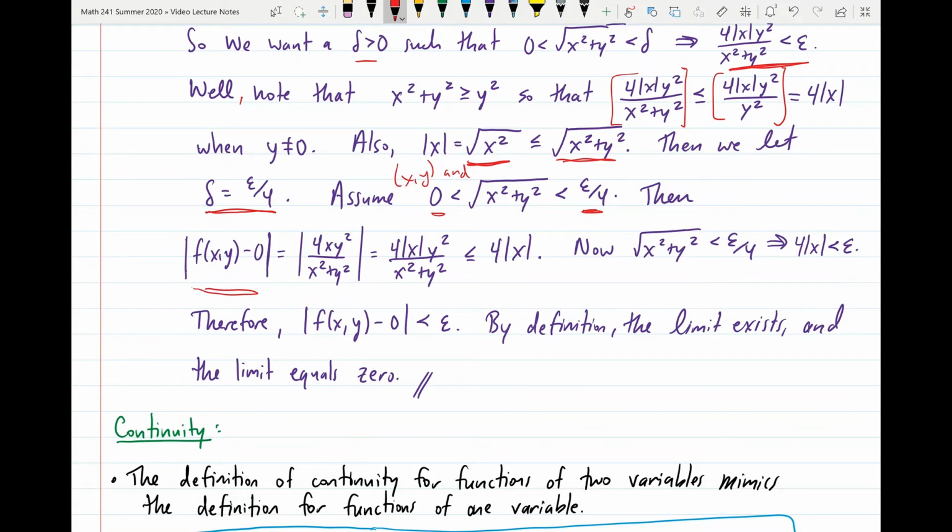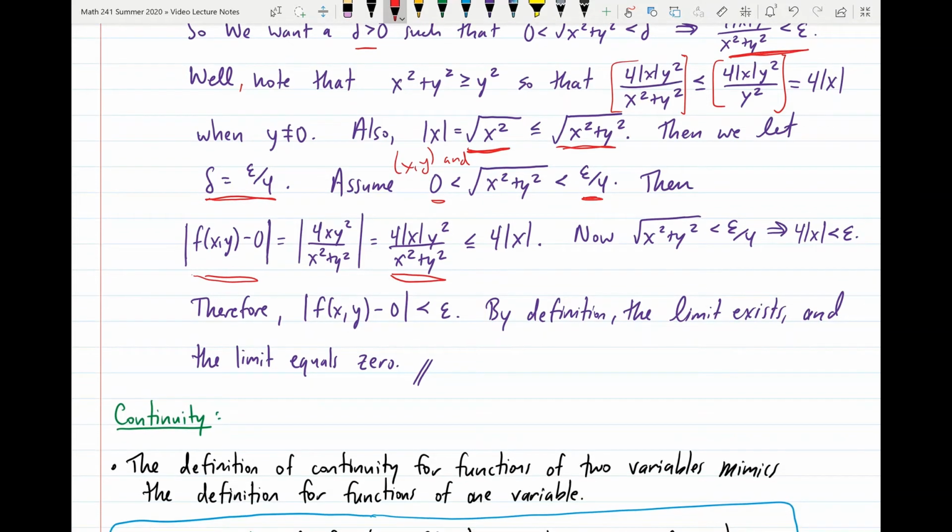Then we can write the absolute value of f of (x, y) minus 0 is equal to, ultimately, 4 times the absolute value of x times y squared divided by x squared plus y squared. And we already said that that's going to be less than or equal to 4 times the absolute value of x.